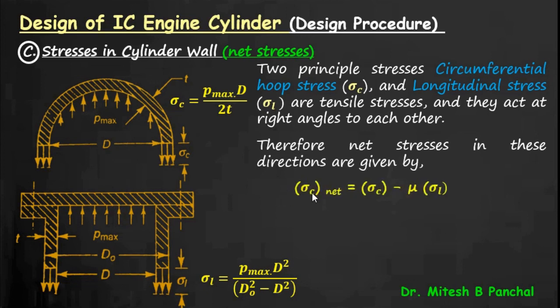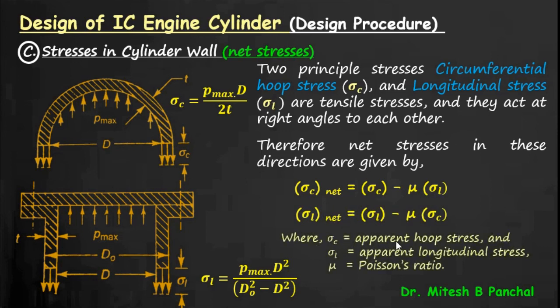The net hoop stress is sigma C net equal to sigma C minus mu times sigma L. And the net longitudinal stress is sigma L net equal to sigma L minus mu times sigma C, where sigma C is the apparent hoop stress, sigma L is the apparent longitudinal stress, and mu is nothing but the Poisson's ratio.